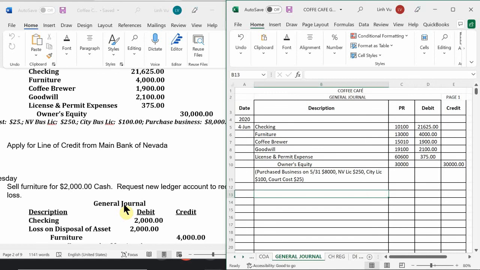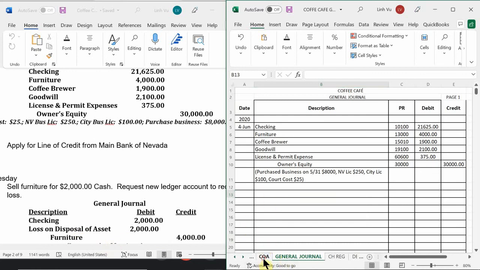Now, because my furniture was actually worth $4,000, that was the fair market value that I purchased it for, and because I'm reselling it, I end up losing $2,000 out of it. So I basically spent $4,000 to only gain back $2,000. So we need to recognize this, which is called the loss on disposal of asset. So let's take a look at my chart of accounts.